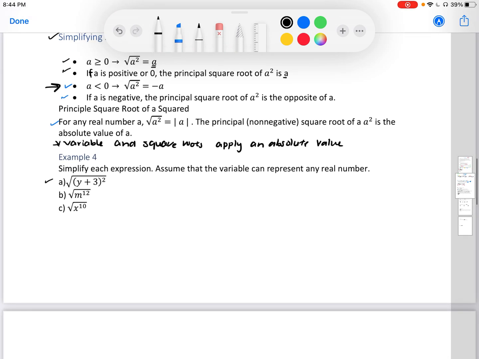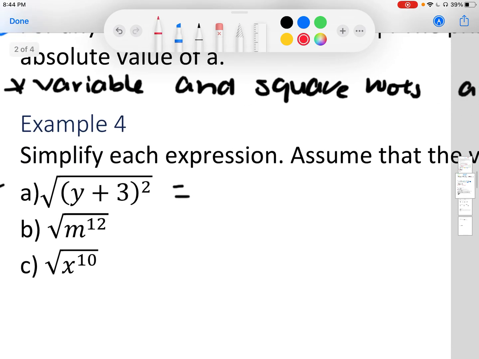So let's take a look at example A. Simplify each expression. Assume the variable can represent any real number. So here, for the first one, we have a square root and an exponent of 2. So because of this, our answer would just be y plus 3.